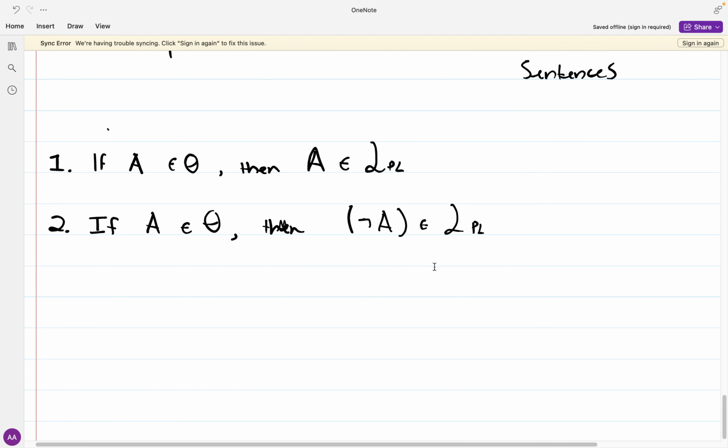Well, what does this tell us? It tells us that we can do things in propositional logic with the negation sign, with the negation connective, and that can still form part of propositional logic.